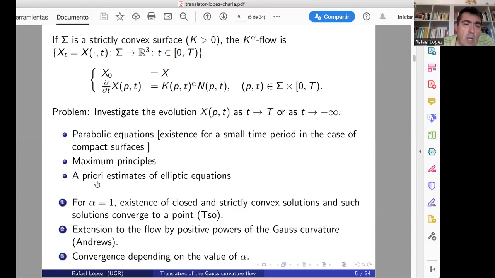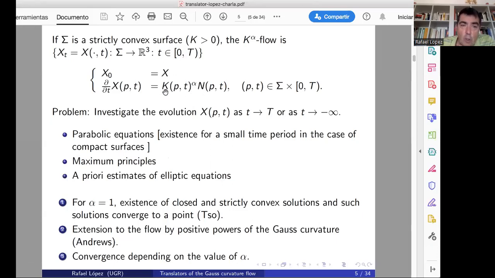And also to consider a priori estimates of elliptic equations, because here the Gauss curvature must be positive to consider the power, okay? And then when the Gauss curvature is positive, the equation behind is of elliptic type. When alpha is equal to 1, then here is only the Gauss curvature.